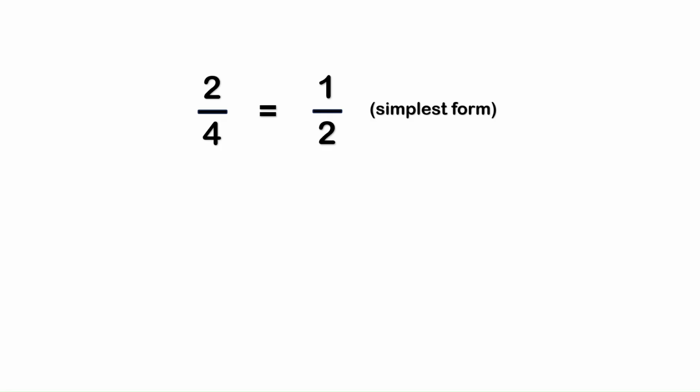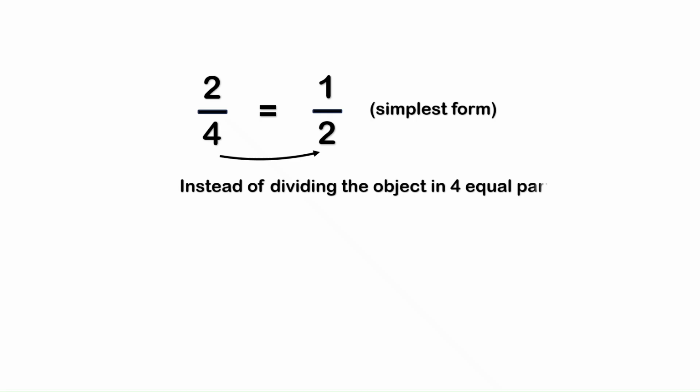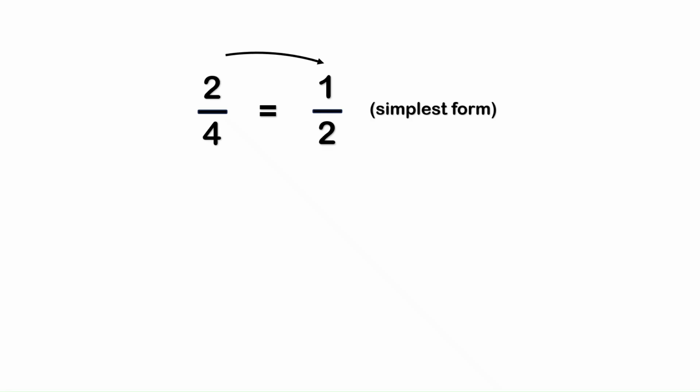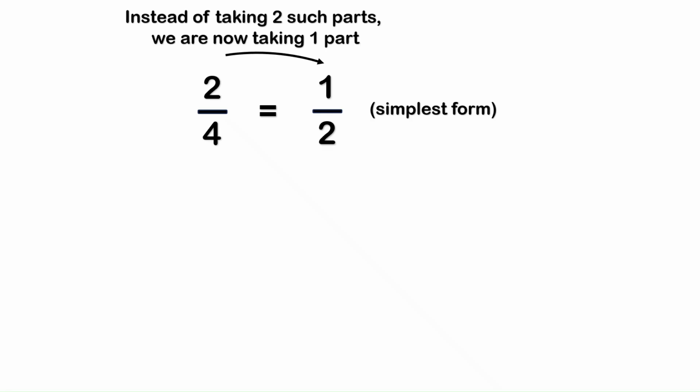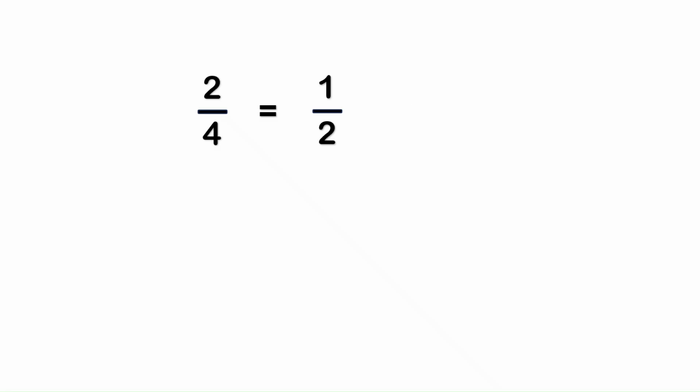So how does 4 become 2? It happens so because instead of dividing the chocolate in 4 pieces, you are now dividing it into 2 pieces. And 2 becomes 1 because instead of giving 2 parts, you are now giving 1 part. So let's learn how to do these changes mathematically.